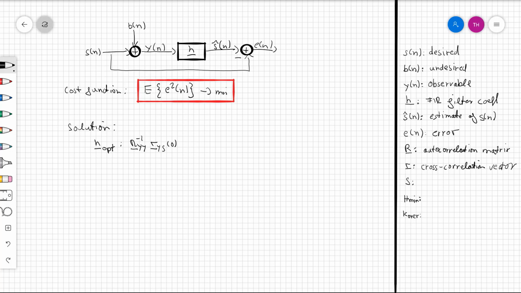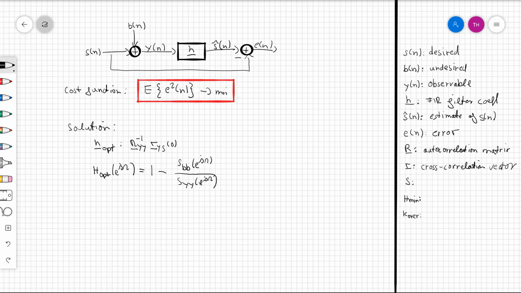And if we want to compute this in the frequency domain, we also have a solution there. Then this breaks down to 1 minus SBB divided by SYY.